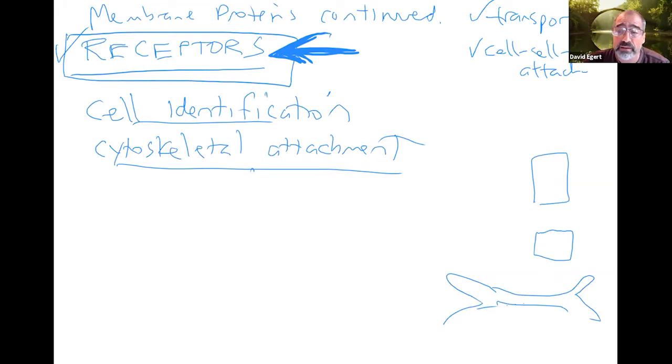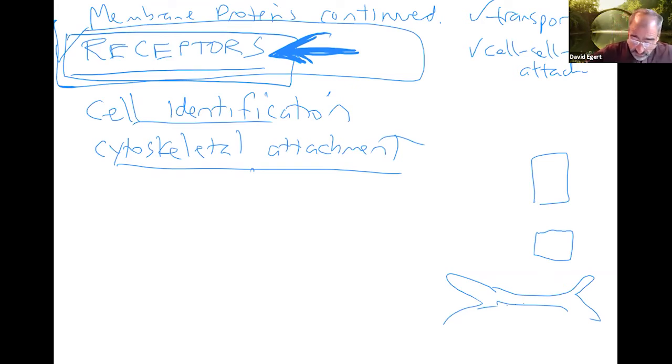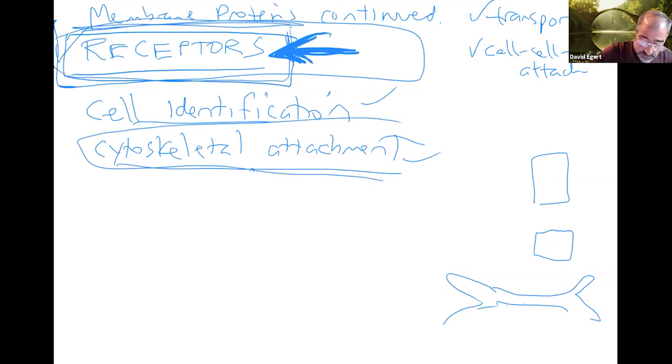But to simplify things, let's just include them in this category of receptors. All right, so membrane proteins: cell ID, cytoskeletal attachment, but receptors are what we need to spend some more time on.